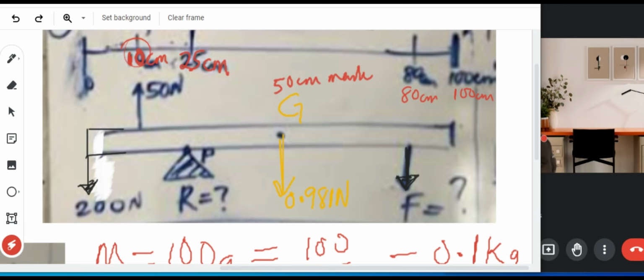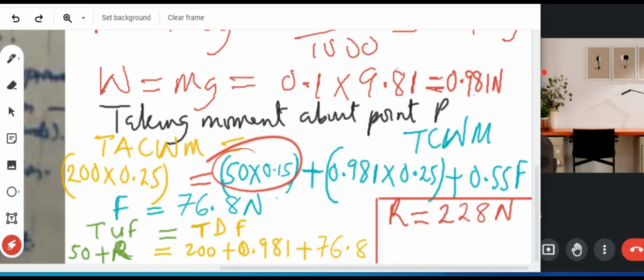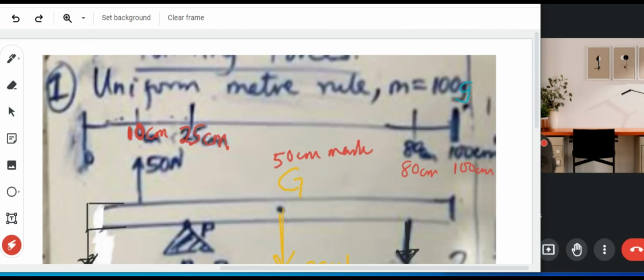This position is the 10 centimeter mark, while the pivot is at the 25 centimeter mark. That means the distance will be 15 centimeters. So the moment for the 50 Newton force is 50 times the distance, 50 times 0.15, since 15 centimeters is 0.15 meters.